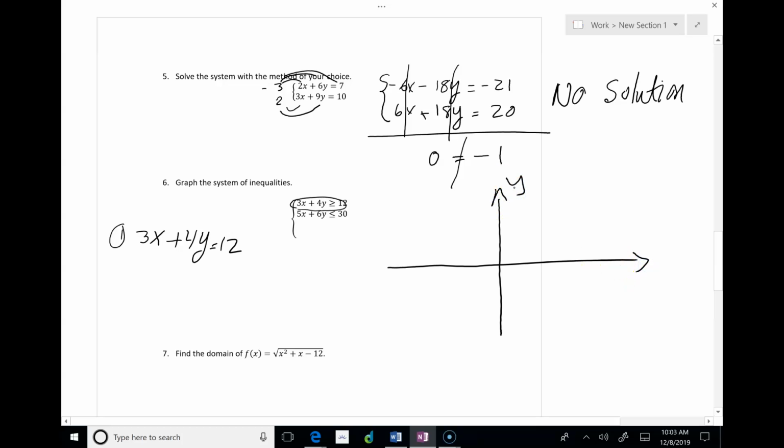I will use the x-intercept and y-intercept here. When x is 0, y is 3. When y is 0, x is 4. So that would be 1, 2, 3, 4. That's one point. 1, 2, 3. That's another point. So that's one of the graphs. And since that has an equality, it's going to be a solid line.